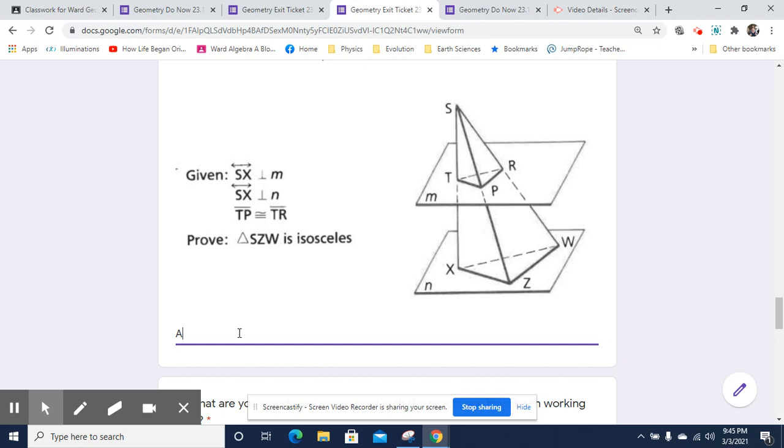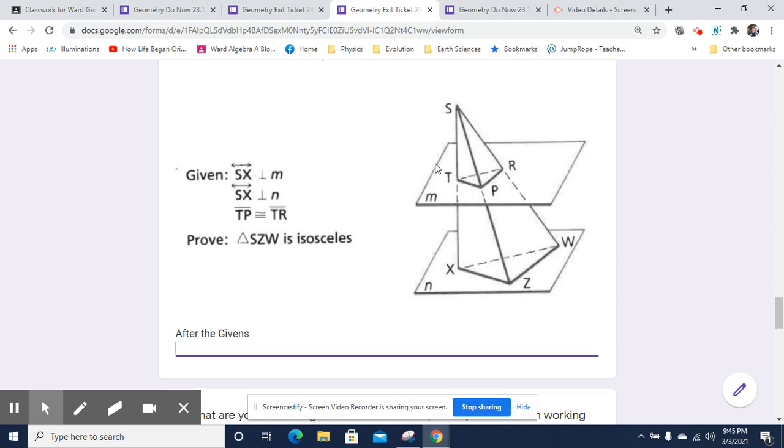So after the givens, we can now say that angle STP is congruent to angle STR because perpendicular means right angles, and right angles are congruent.